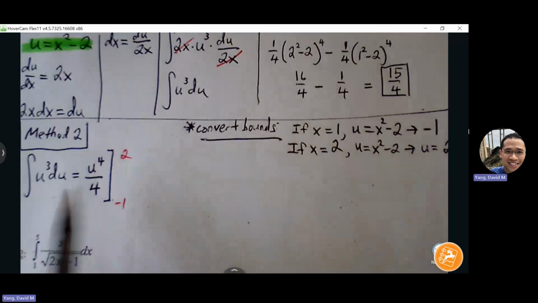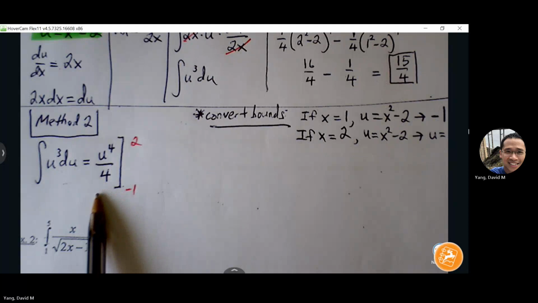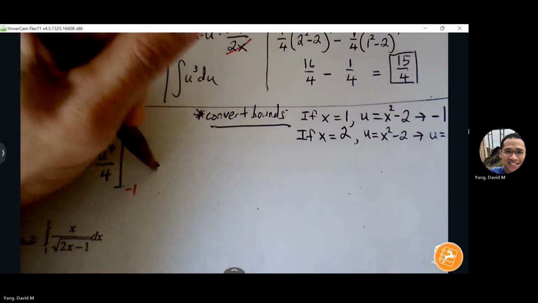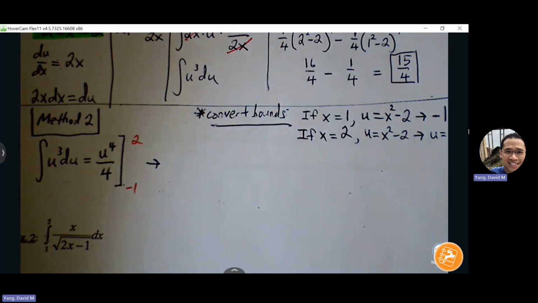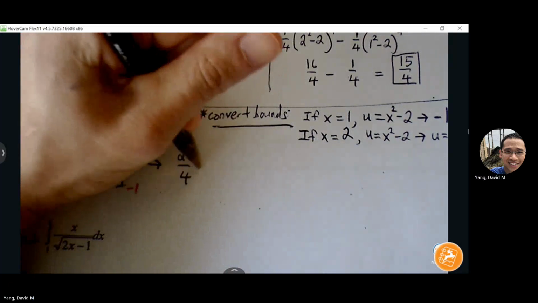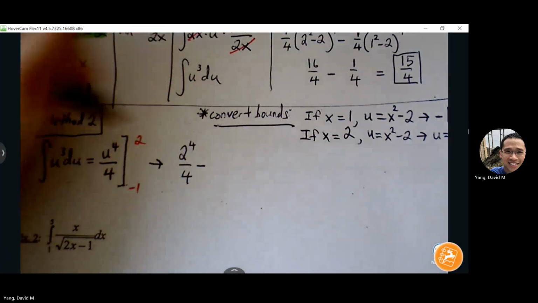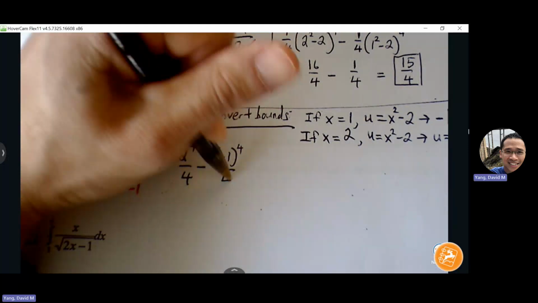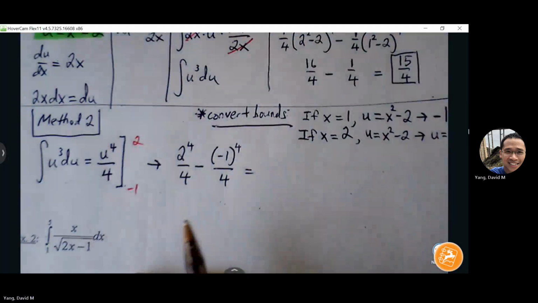Okay, now what can we do? Yeah, plug in what number first? 2. Okay, so I get 2 to the fourth over 4 minus negative 1 to the fourth over 4. 2 to the fourth is 16.